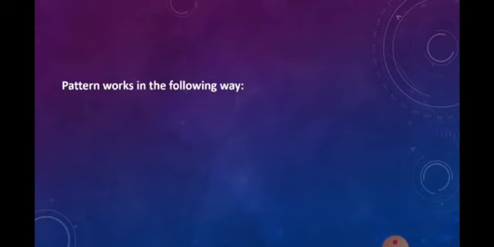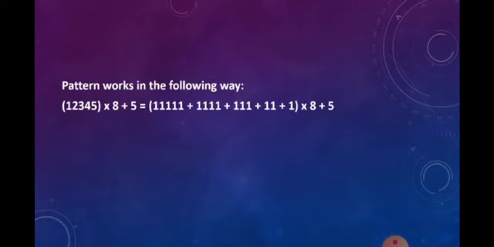The pattern works in the following way. 1, 2, 3, 4, 5 can be written as 1, 1, 1, 1, 1 five times plus 1, 1, 1, 1 four times plus 1, 1, 1 three times plus 1, 1 two times plus 1.